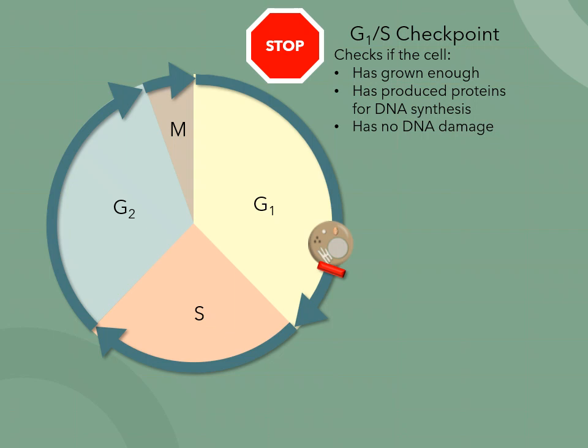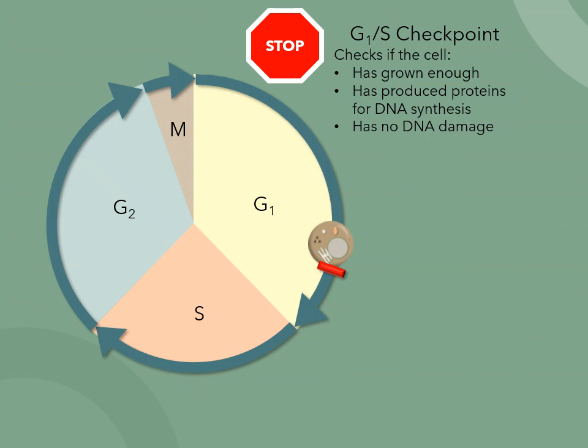This serves as a stop signal, forcing the cell to pause the cycle momentarily so that checks can be carried out. At the G1S checkpoint, cell contents are checked to make sure that the proteins necessary for DNA replication have been produced, and to ensure that the cell has sufficient nutrients, other contents, and mass to support dividing into two.